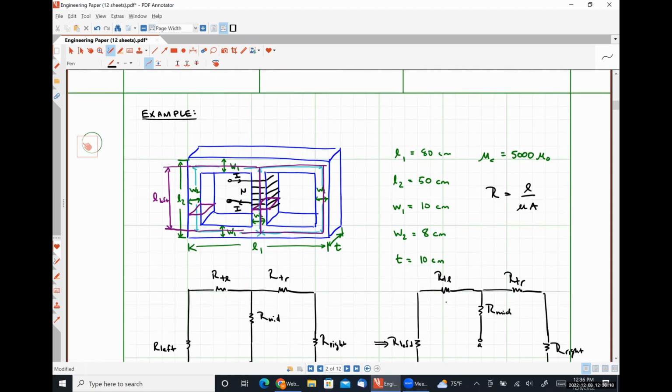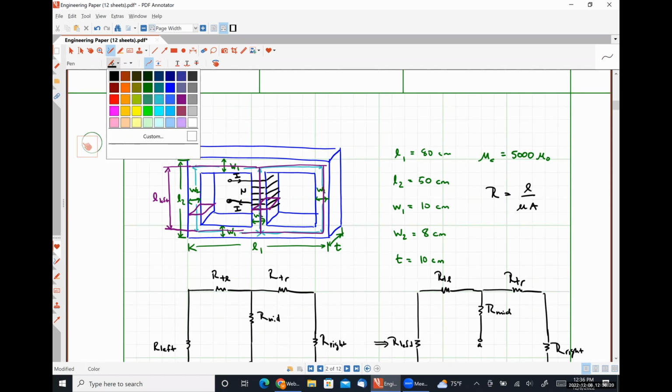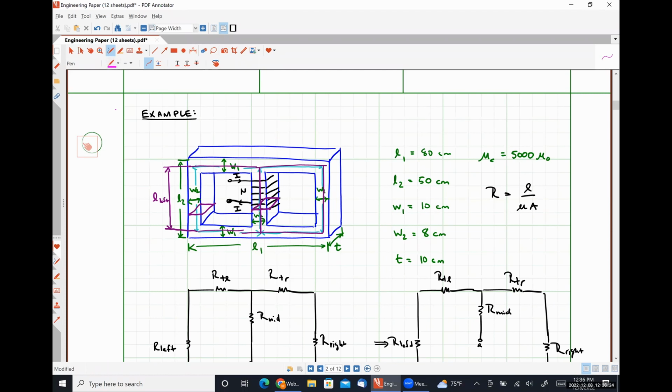So let's scroll up here a little bit. Let me use a different color because this is getting real busy. So let's use pink. So this distance is the distance traveled by the flux as it goes through the top left path.